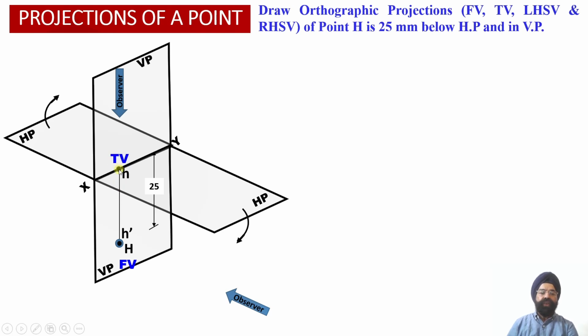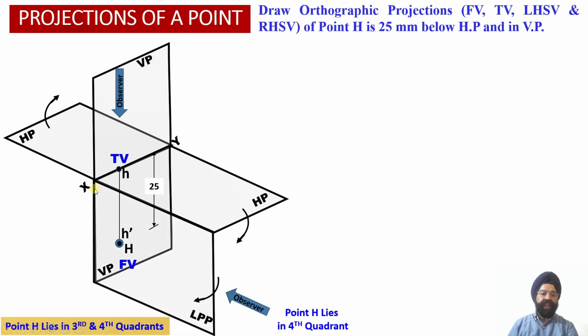Next we need to obtain the side view projections corresponding to this point H, assuming to begin with that this point is located in the fourth quadrant. So when we assume that this point H lies in the fourth quadrant, let us first obtain the left profile plane over here.